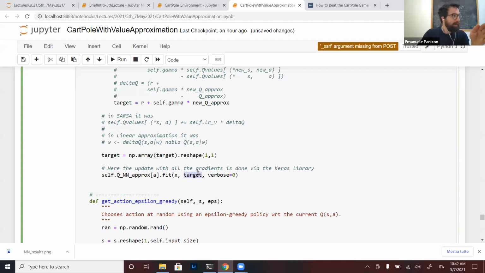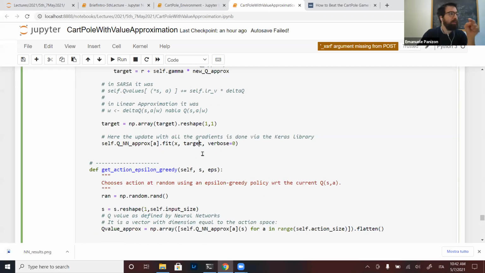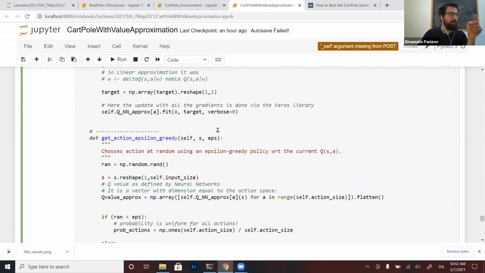Try to minimize the difference, okay? And since I have not put anything else, this means that it will take only one instance of X and try to match it with the target. It will automatically construct the gradient for all of the internal weights, which are 562 or whatever. And then it will follow the gradient one step with the learning rate we gave, okay? Which is not ideal.